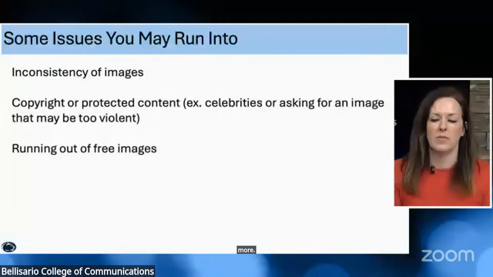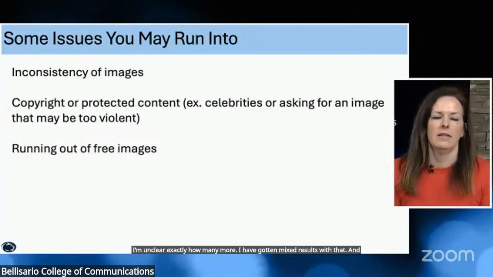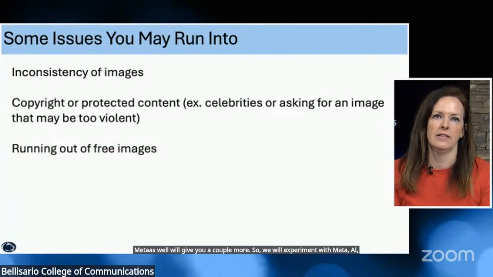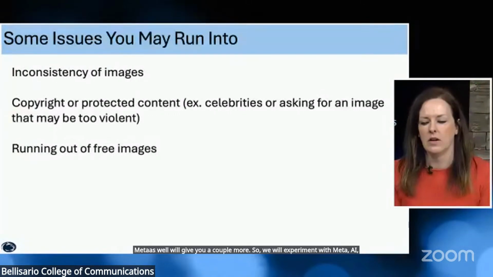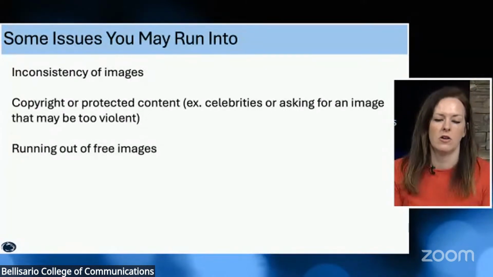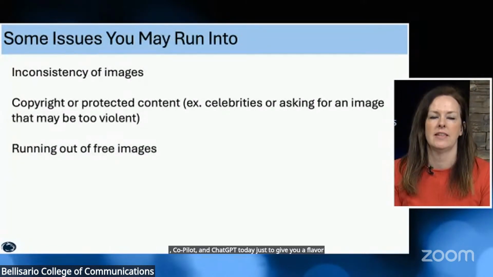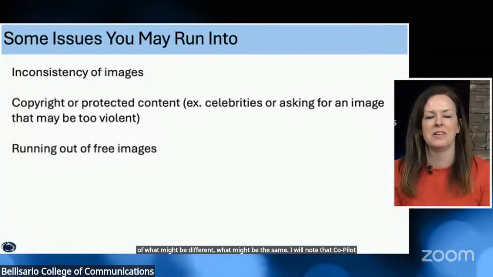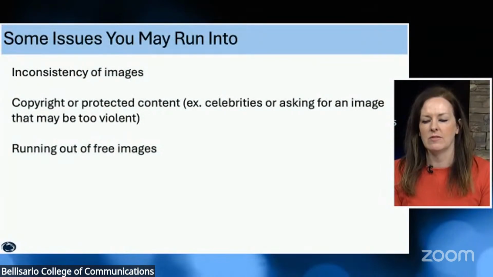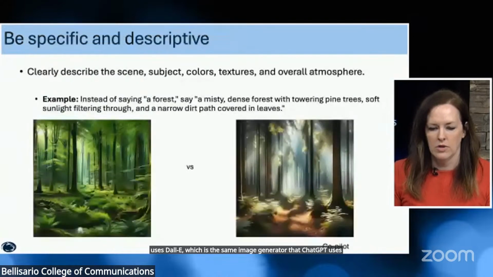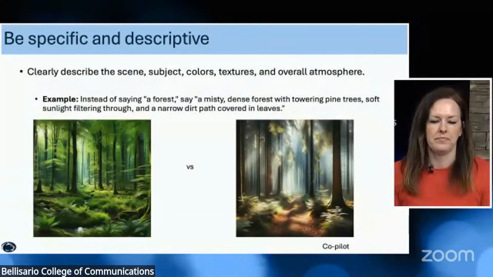So we'll be experimenting with Meta AI, Gemini, Copilot, and ChatGPT today, just to give you a flavor of what might be different, what might be the same. I will note that Copilot uses DALL-E, which is the same image generator that ChatGPT uses, but still interestingly provides sometimes very different types of images, even with the same prompt. So we'll look to that a little bit.